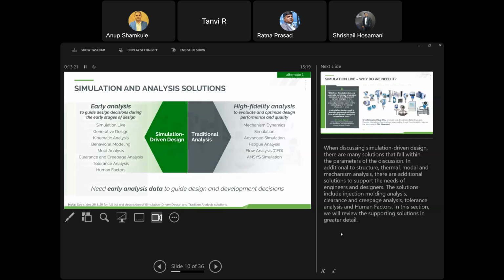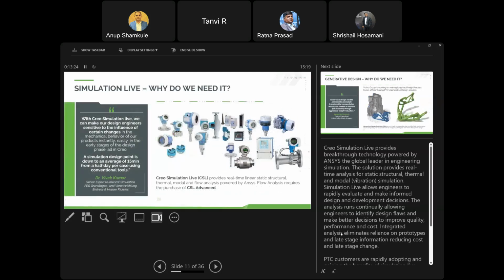Now when you look at simulation live, I was telling about an example where 10 concepts are created, and how do we take it to the next phase to decide which concepts have to be quickly validated. Simulation live capitalizes on the capability of graphic processing rather than CPU capacity. Generally, when doing analysis, people talk about CPU capacity, like 8 core, 12 core.